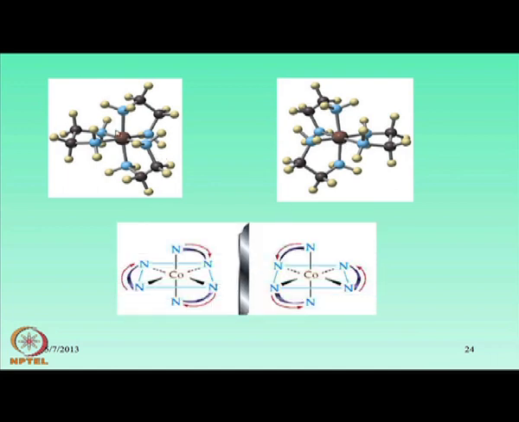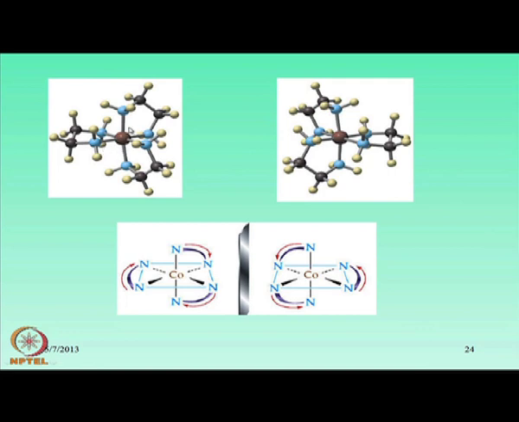So, we have the first one on the left, the cobalt center, this is the nitrogen and this is the nitrogen of the ethylene diamine backbone. So, this is the corresponding chelate bite. This is the ball and stick diagram obtained by determining the X-ray structures of the molecules, and the ORTEP plot gives a similar arrangement, which is the corresponding 3-dimensional arrangement.